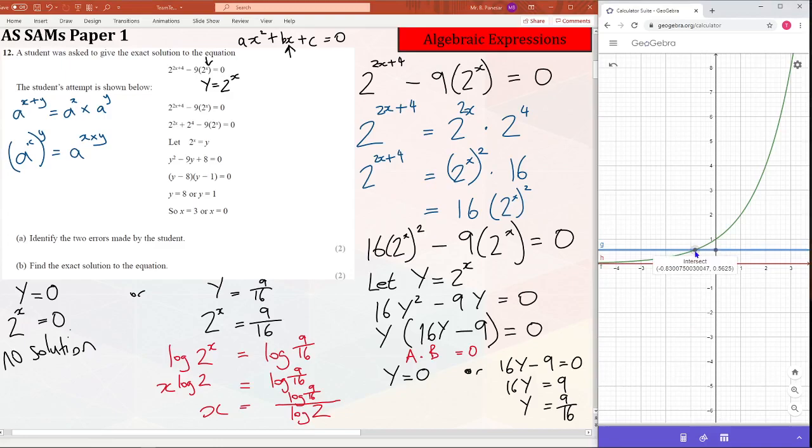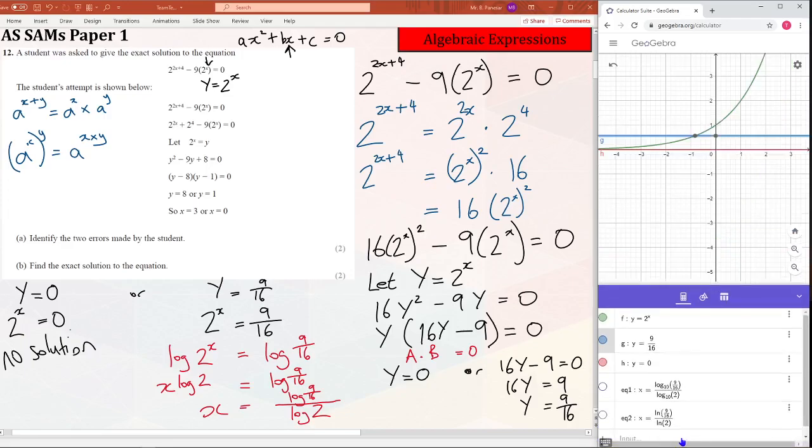That blue line represents y equals 9 over 16, that one there. So I want to work out what's the x value. So what's this value? Minus 0.8307. So if you type this in a calculator, it should give you this x value there. If I show you, that is basically the answer with the base 10. There you are. You can see it cuts that point exactly where we want it to.